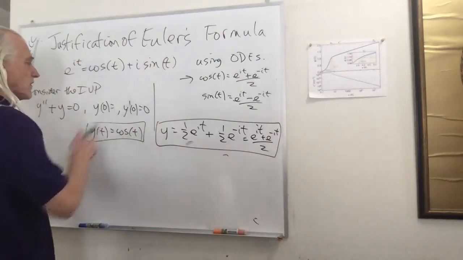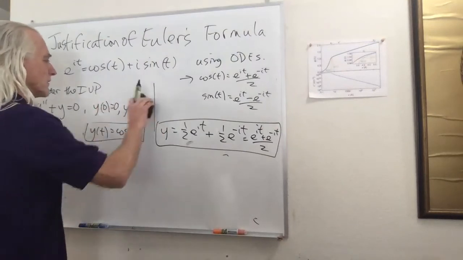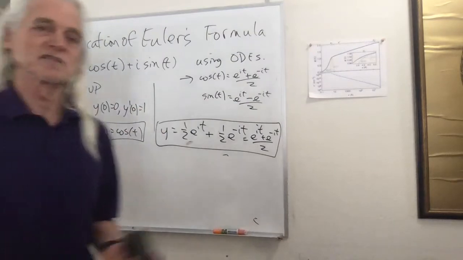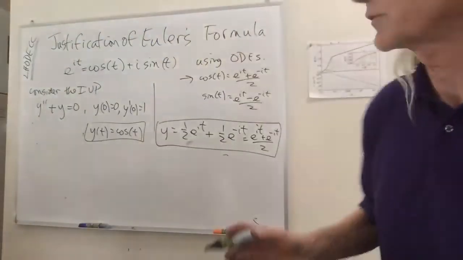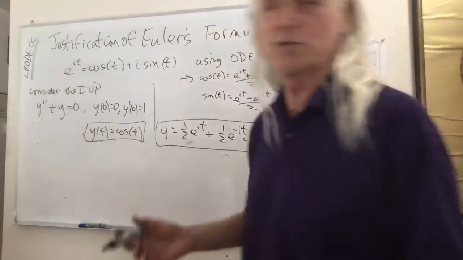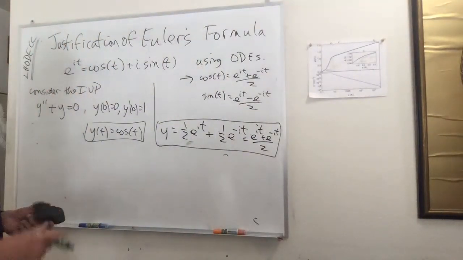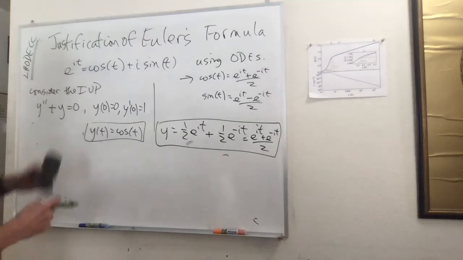Suppose I want to solve the other guy. These two sets of initial conditions are the uber important ones that we like to do sometimes to find a nice solution set. The most beautiful fundamental solution set has these two sets of initial conditions. Let's do this one.